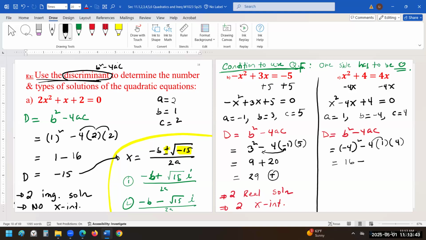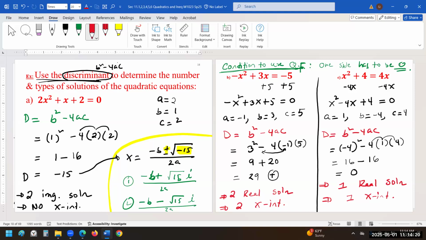So 4 times 1 times 4, 16, right? 4 times 1 is 4, and 4 times 4 is 16. So what is our discriminant? So how many and what type of solutions do we have? Real or imaginary? One real solution. That means we have one x-intercept. That's it.